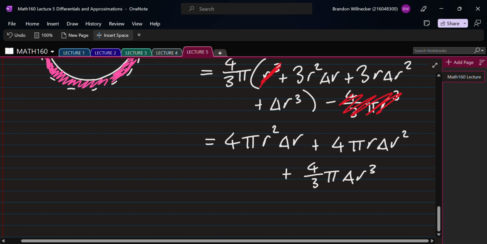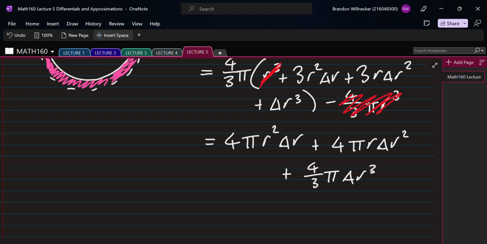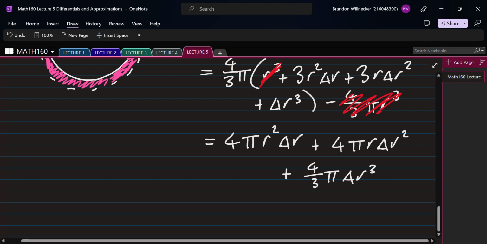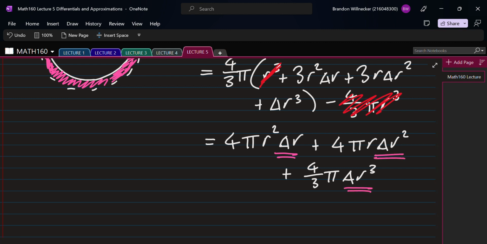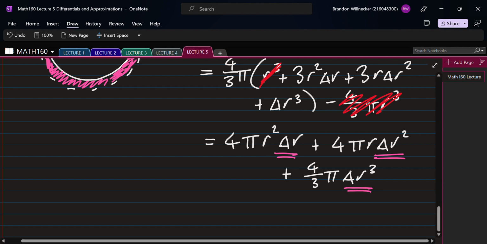Okay, so each term has a larger power of delta r. The first one is just delta r, the second one is delta r squared, and the third one is delta r cubed.